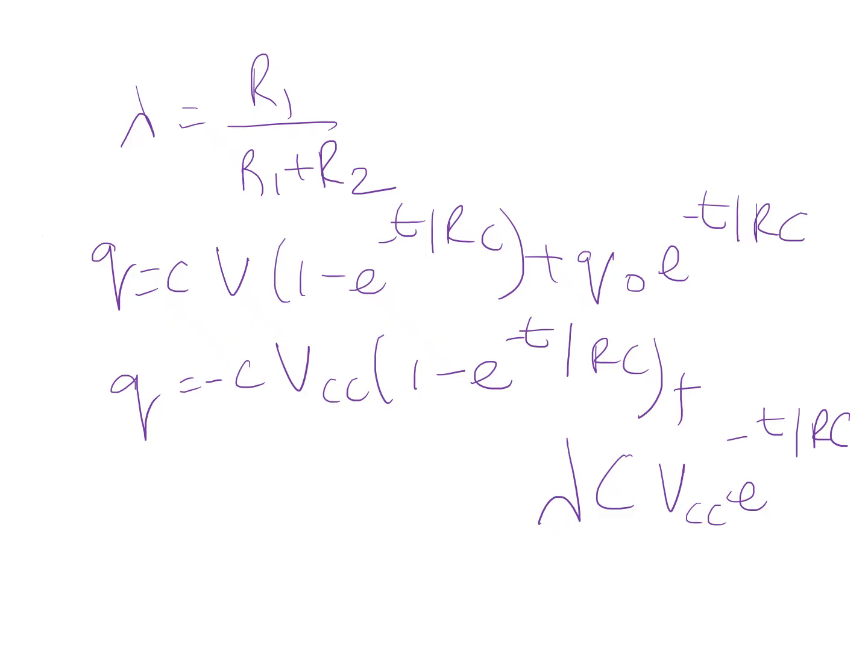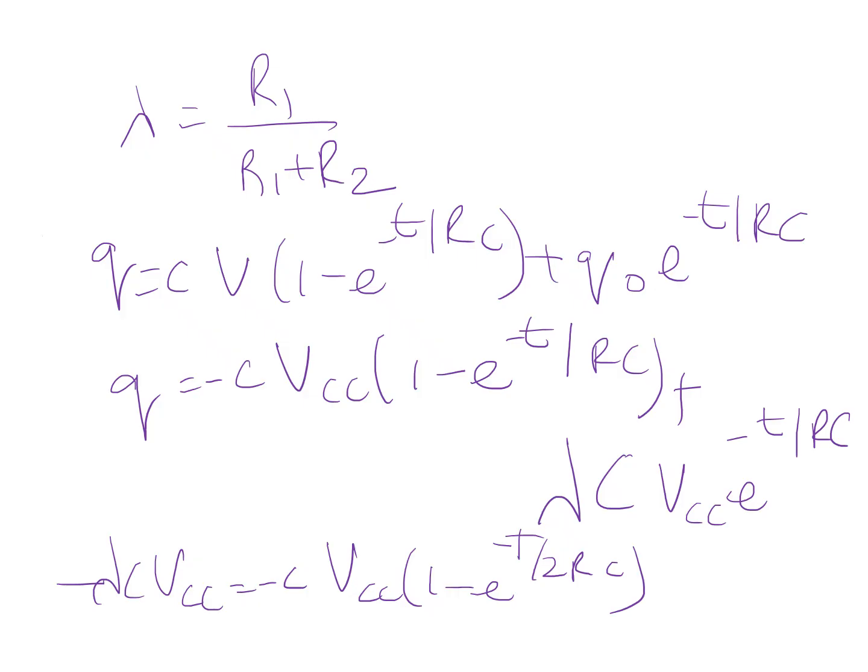Now when the charge gets a value of minus lambda VCC, another switching state will occur. This time is half the period of the square wave, so it will be represented by T by 2. At this time, minus lambda C of VCC is equal to minus C into VCC into 1 minus e to the power of minus T by 2RC plus lambda into CVCC into e to the power of minus T by 2RC.